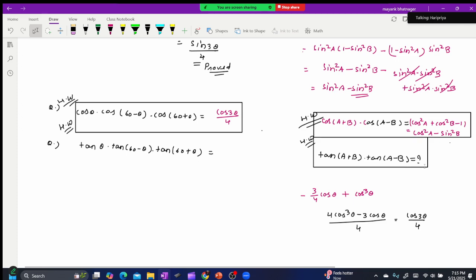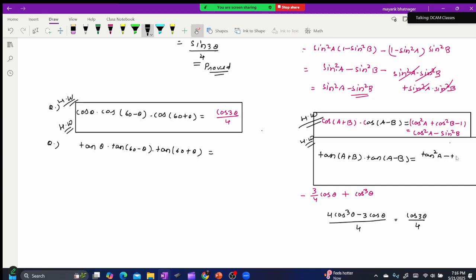Sir, I'm getting tan square A minus tan square B divided by 1 minus tan square A tan square B. Correct. Now, using this result, try to get the answer of the left part: tan theta into tan of 60 minus theta into tan of 60 plus theta.